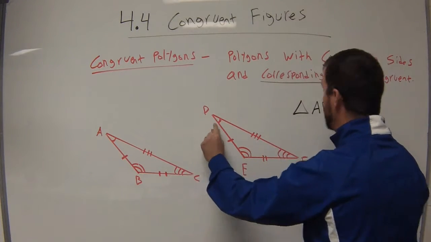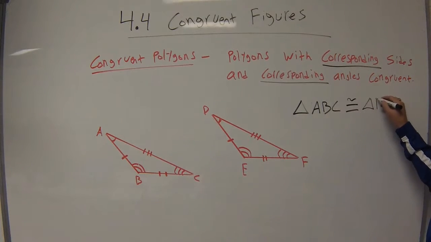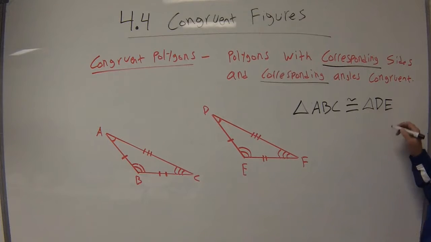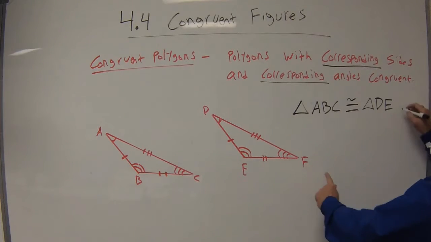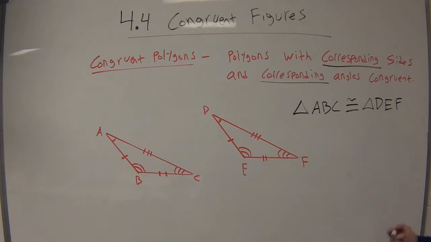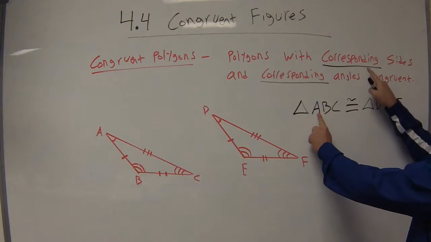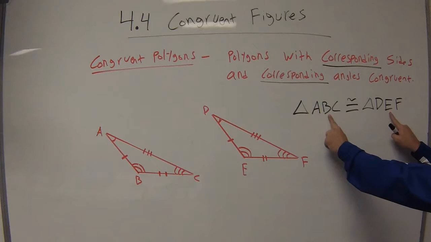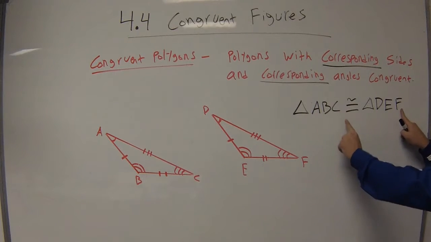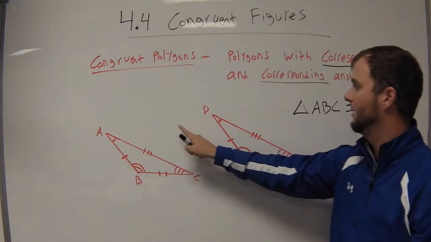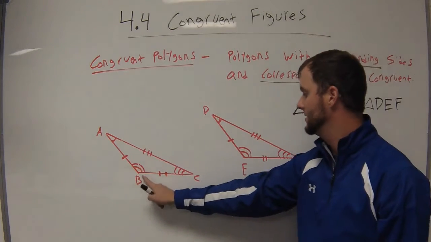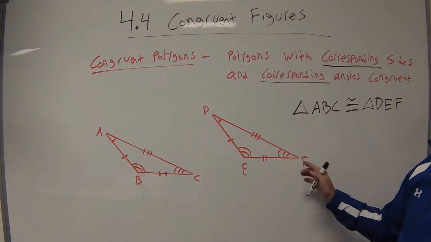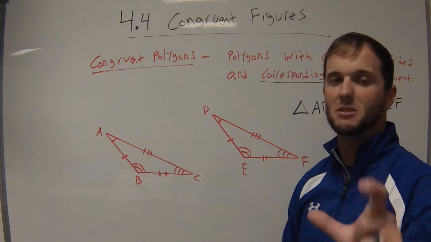A goes with D, B goes with E, and C goes with F. What this shows you is that A corresponds with D, B corresponds with E, and C corresponds with F. Because if you look, A is in the top left, D is in the top left. B is in the bottom, E is in the bottom. C is in the bottom right, F is in the bottom right. So they are corresponding, meaning they're in the same spot.